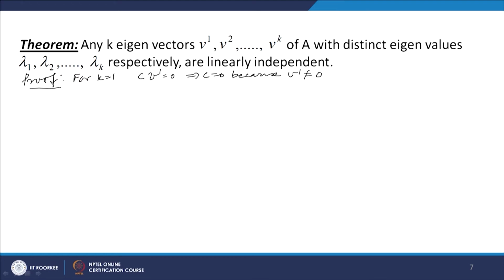So, for k equal to 1, the theorem is true. For k equal to 1, we have seen whenever we consider C V1 equal to 0, we get C equal to 0, and so V1 is linearly independent.